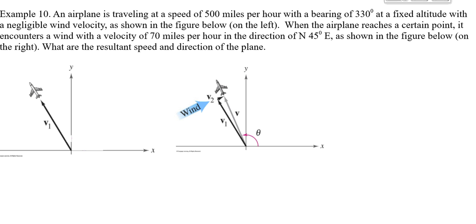But it is pushing that plane, and we do have to think about that. Its direction is north 45 degrees east. Do you agree that's a first quadrant angle? Yes. So our job is to figure out the resultant speed and direction of the plane.